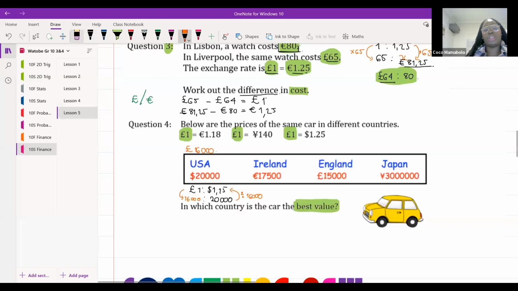That's the first calculation. Now let's look at the calculation for Ireland. So I'm going to use the euro calculation. For every £1, there is 1.18 euro. And now I have 17,500 euro. And in order to figure out how many pounds that is, I'm going to move up. Therefore, I must divide. So what answer do we get, guys?